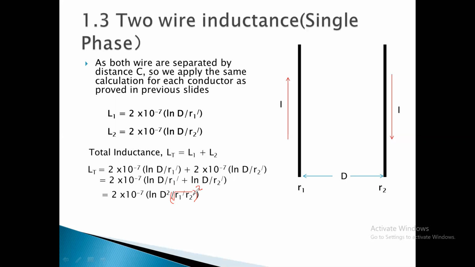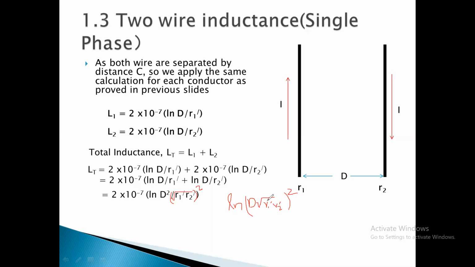So here square and here square, I can take natural log of d under root r1' r2'. I can write like this, no problem, right?